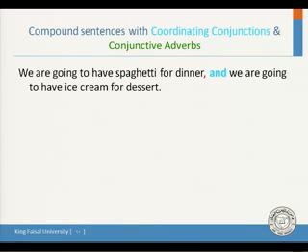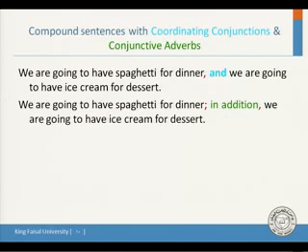Let's see more examples. We're going to have spaghetti for dinner, and we're going to have ice cream for dessert. In addition. In addition means and. Notice the punctuation. Comma, and. Semicolon, in addition, comma. Notice them, they are in red.